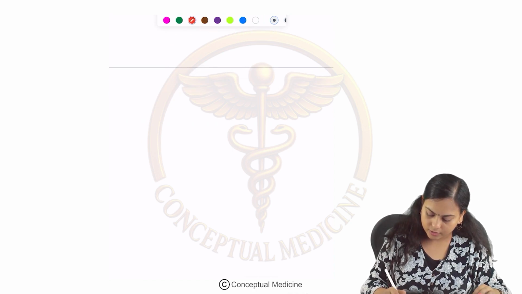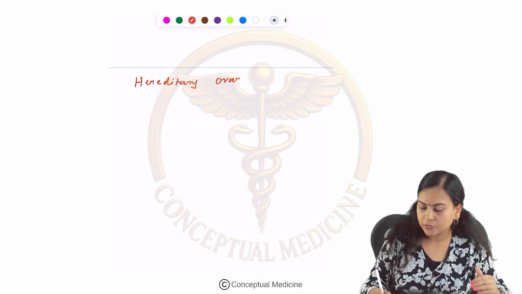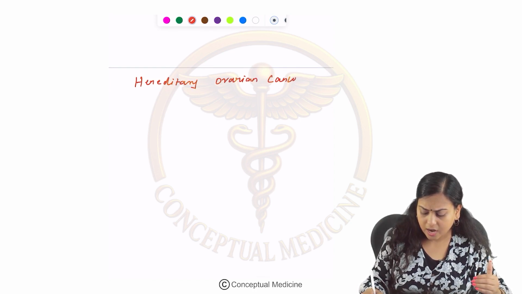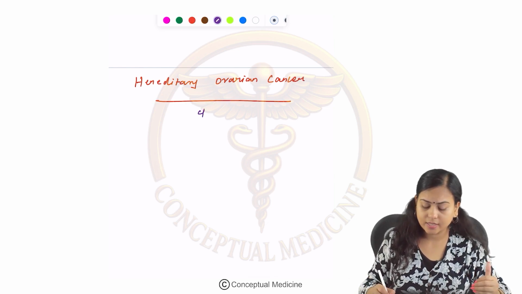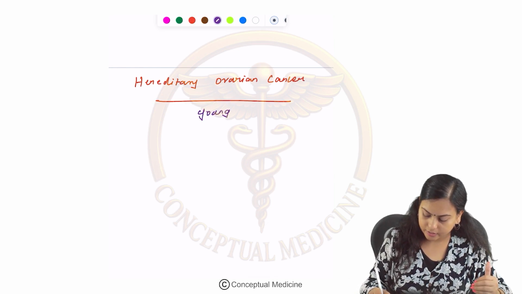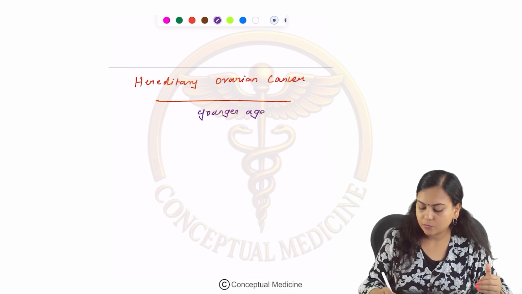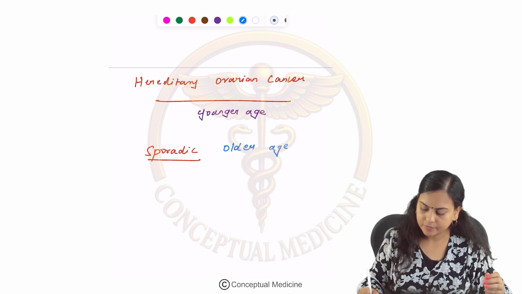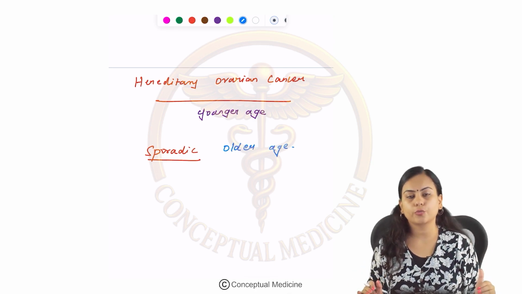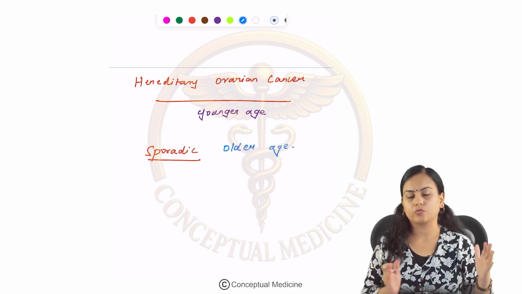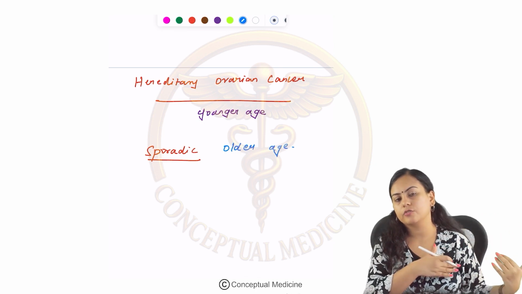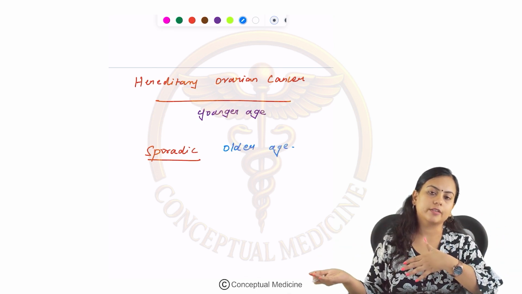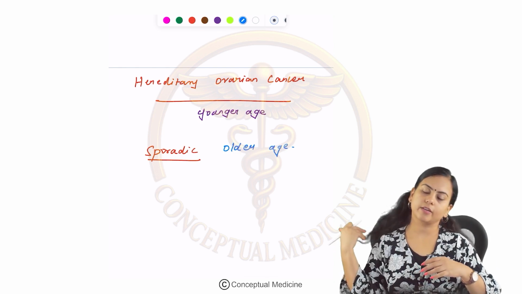And also know that hereditary ovarian cancer usually occurs at a comparatively younger age, whereas sporadic ovarian cancer will occur at a comparatively older age. Clear? But yeah, either extremes of age are prone to get ovarian cancer. So if it happens in the younger age group, it is going to be hereditary ovarian cancer, and if it is happening in the older age group, it is going to be a sporadic ovarian cancer.